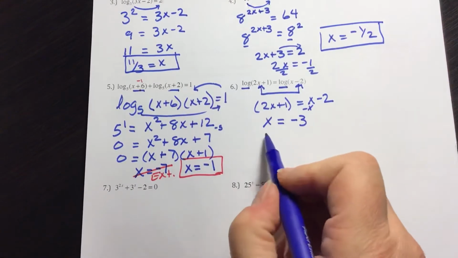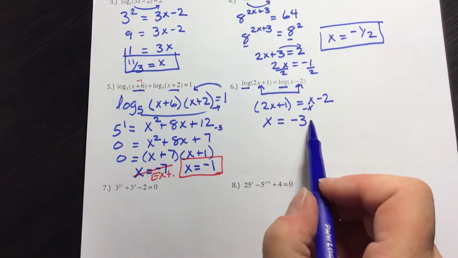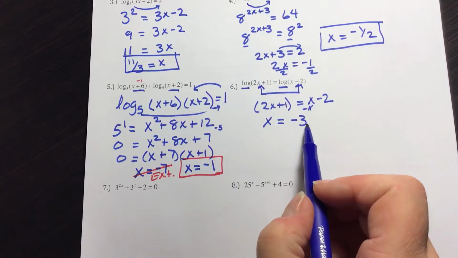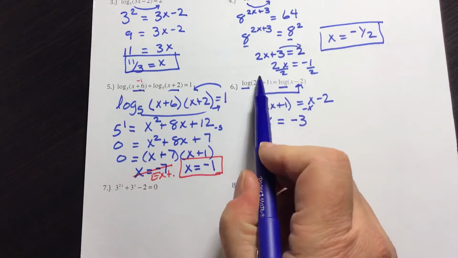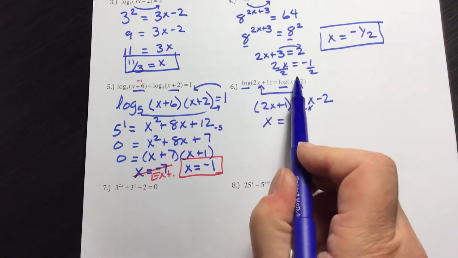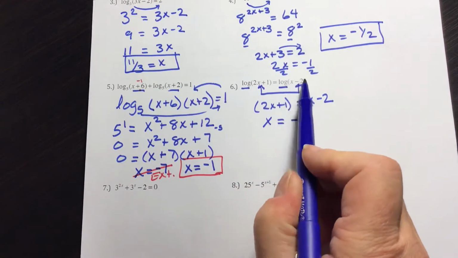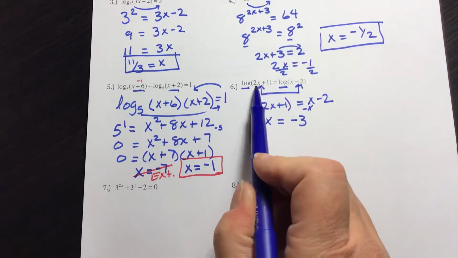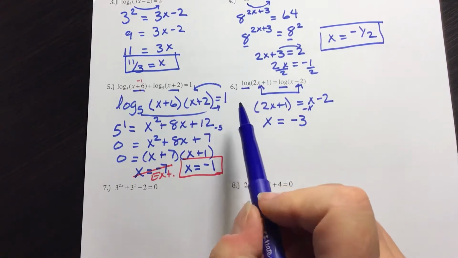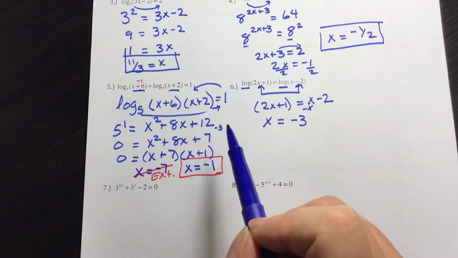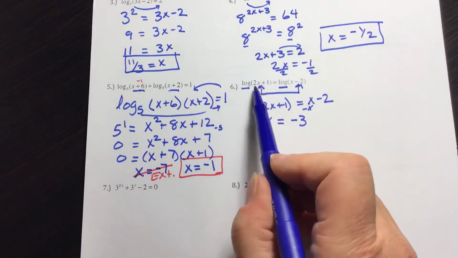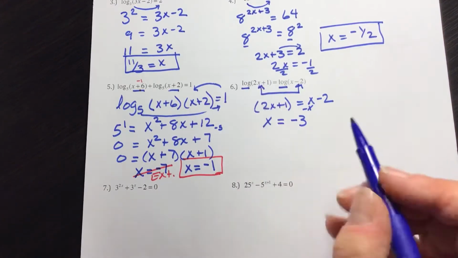I'm also going to check this in my domain to make sure I don't have log of a negative number. In this case, I do have a negative number here. This would be -5, and this would be -5 as well. So this is no solution because -3 is not in my domain.